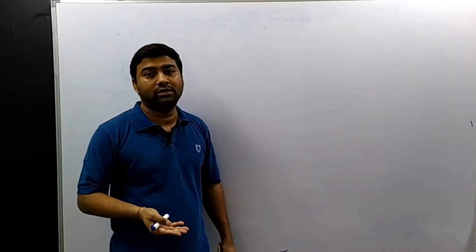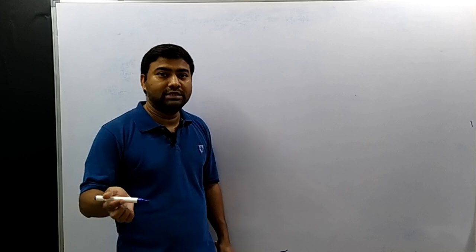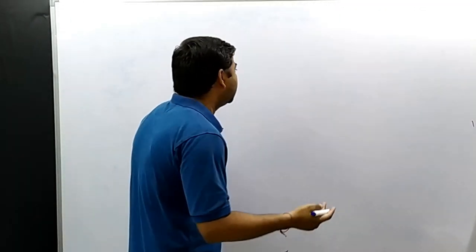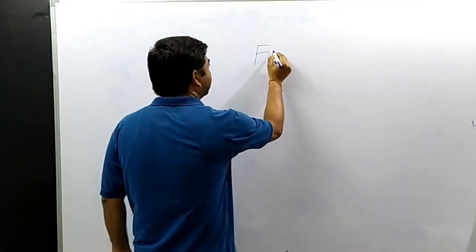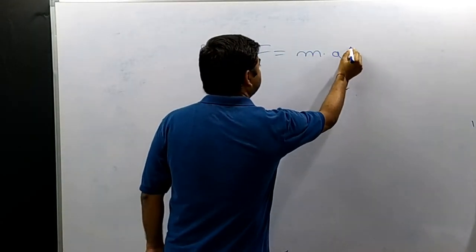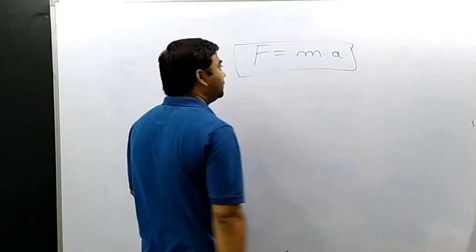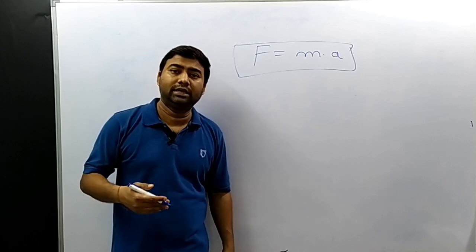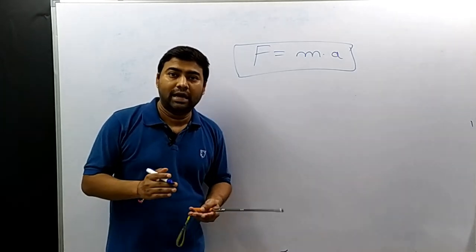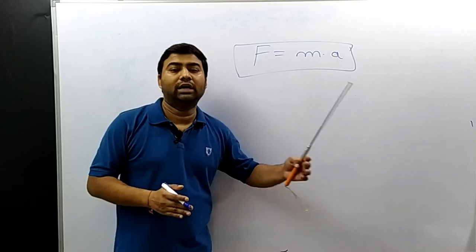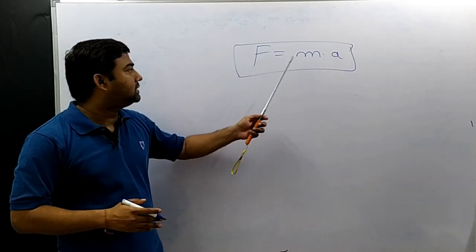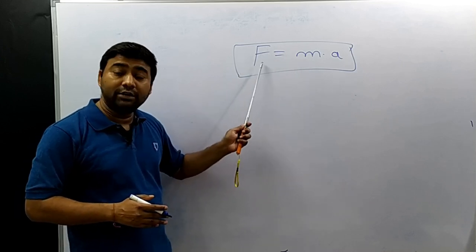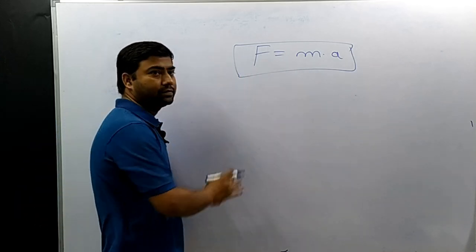That quantification of force was done by Sir Isaac Newton and we know the second law of Newton, F is equal to m into A. This second law of Newton quantifies the amount of force applied by one system to another system. This is the quantification of force. F is the resultant force.